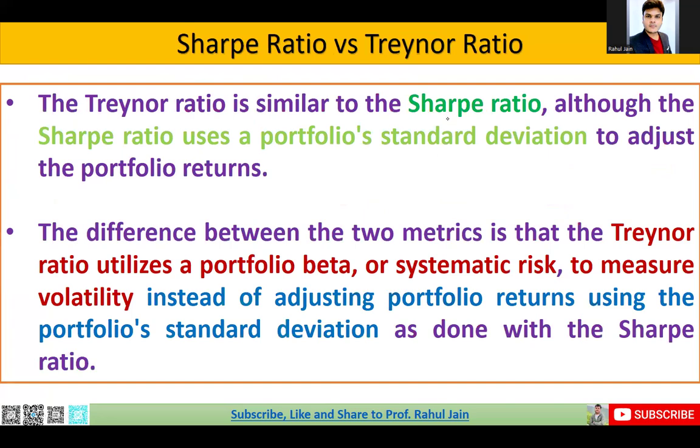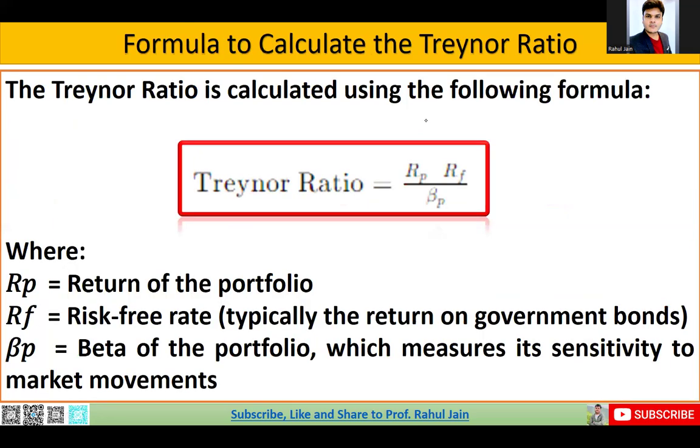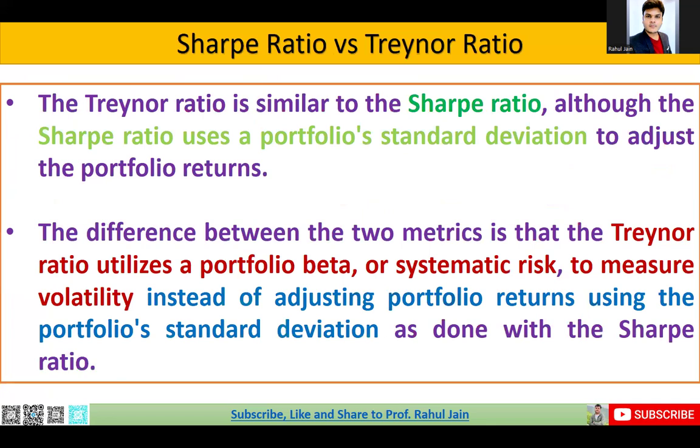We have already discussed one session on the Sharpe ratio, which is also a financial metric, but there is a key difference between the Sharpe ratio and the Treynor ratio.